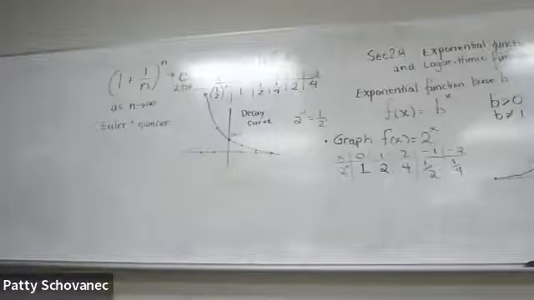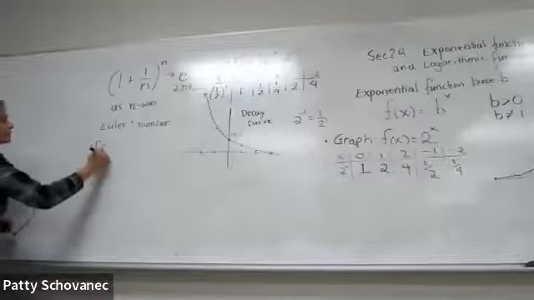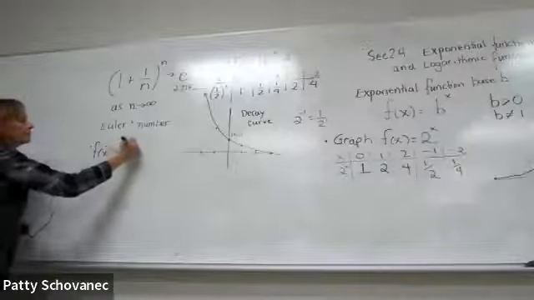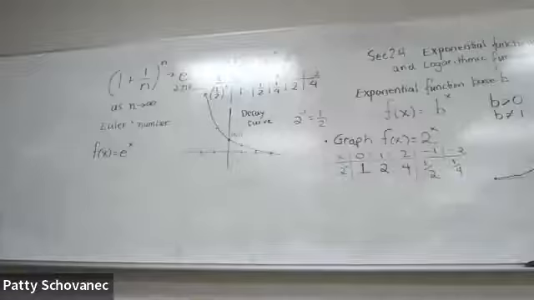When E is used as the base of an exponential function, we have something called the natural exponential function. It's called the natural exponential function because all exponential functions can be written as powers of E. And when we graph this thing, we'll just approximate E to be 3. We can't graph something so fine as 2.718. So if E is equal to 3, then we've got something that nearly triples with each increase in x.